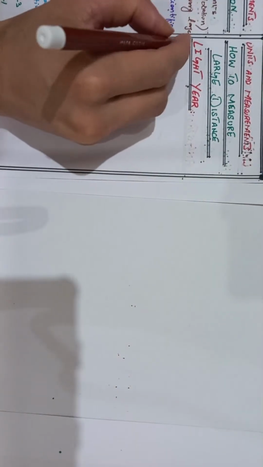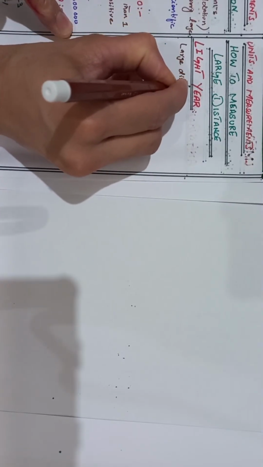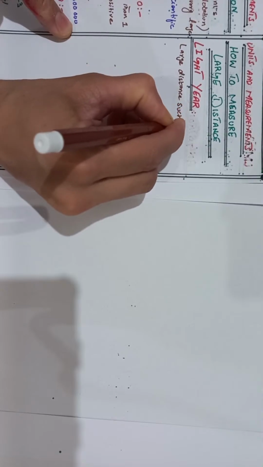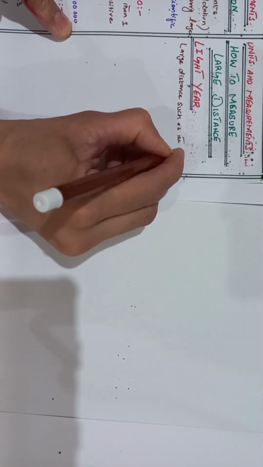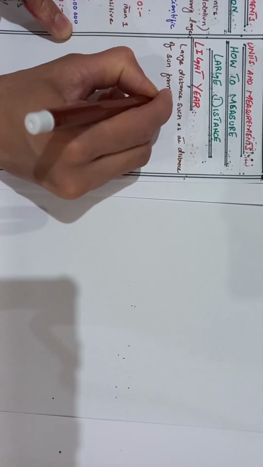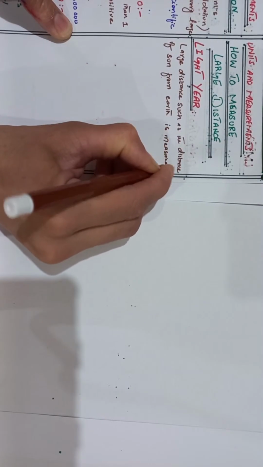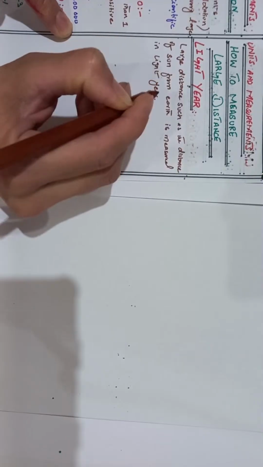So for large distances, such as the distance of the Sun from the Earth, it is measured in light years.